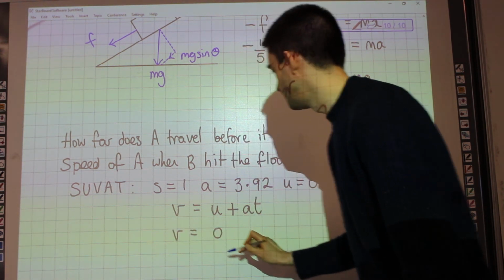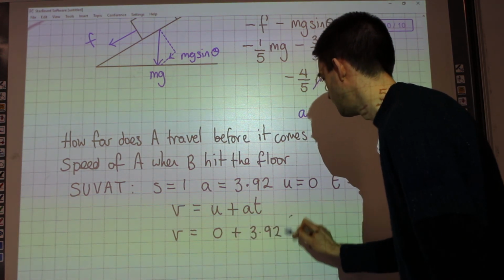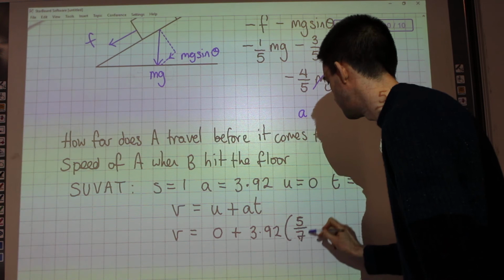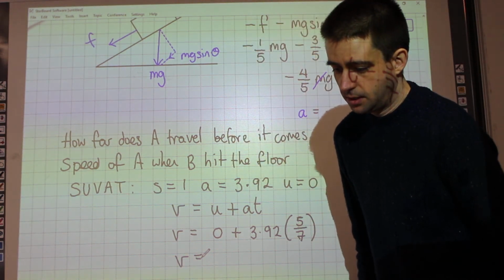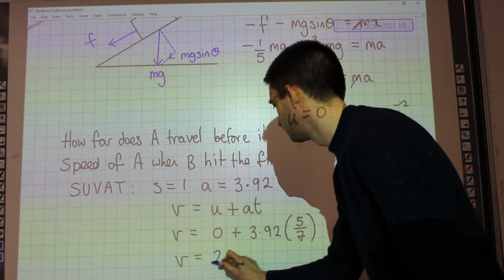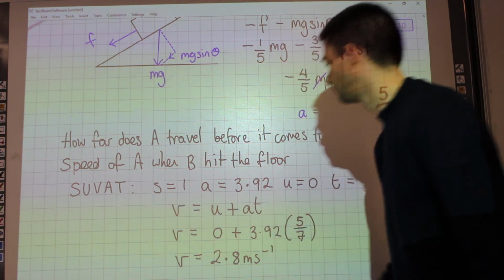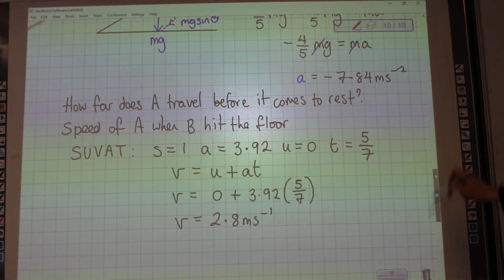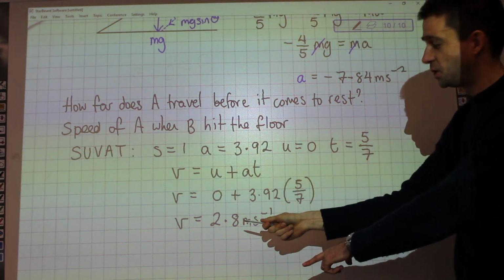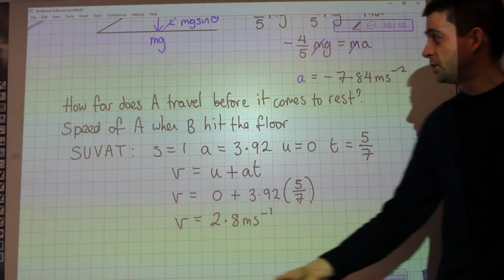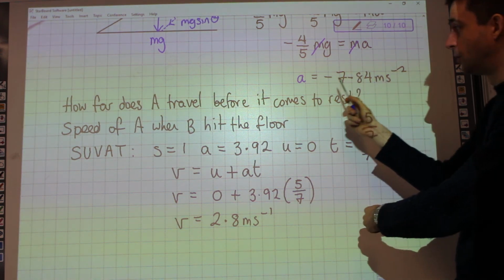So v is 0 plus 3.92 times 5/7, which means that v is 2.8. So, when B hits the ground, A is travelling at 2.8 metres per second, at which point it starts to decelerate. It has acceleration negative 7.84.